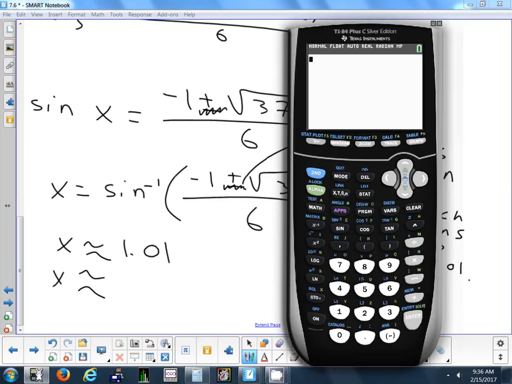Oh, Ian, remember the formula? So our reference angle is 1.01. Yep, but we're looking for the formula to find an answer in quadrant 2 using that reference angle.